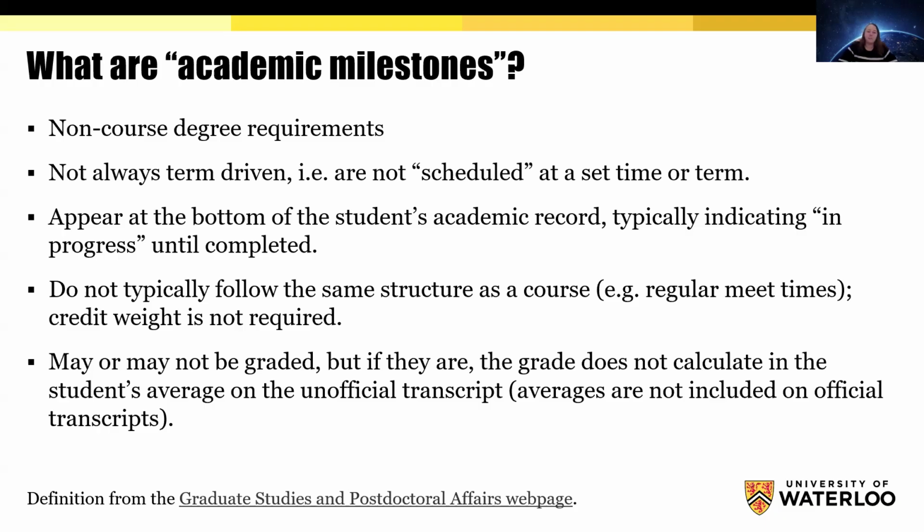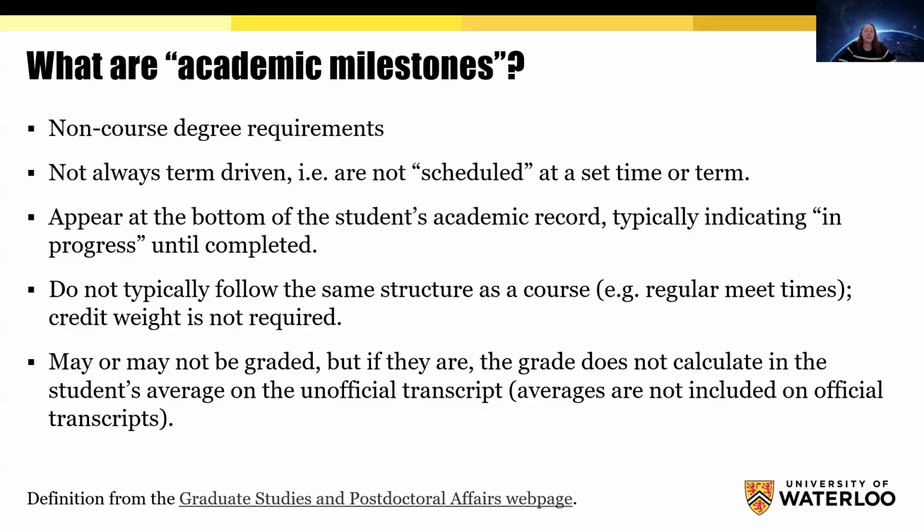They typically appear at the bottom of students' academic record, typically indicating an in progress or until completed. They do not typically follow the same structure of a course, so not necessarily regular meeting times. You're probably not going to be getting a percentage grade on the academic milestone, like 83%, for example.